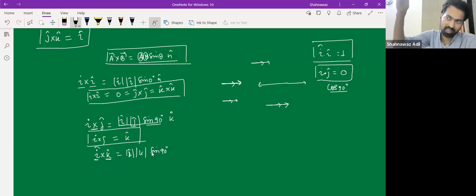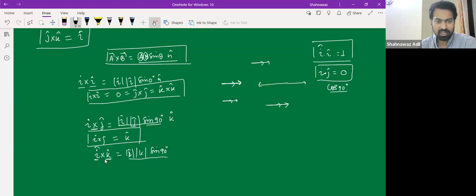So this is K. So you can see the angle between I and K. 180 or 90? 90. Okay.